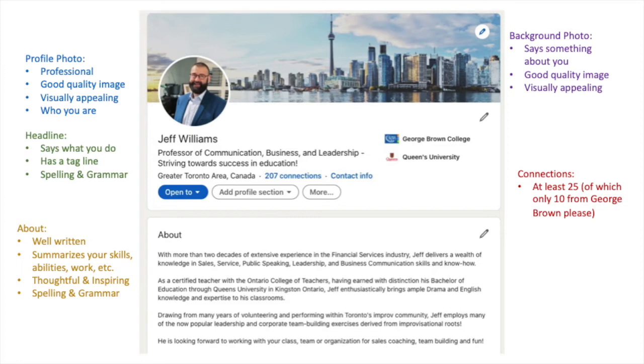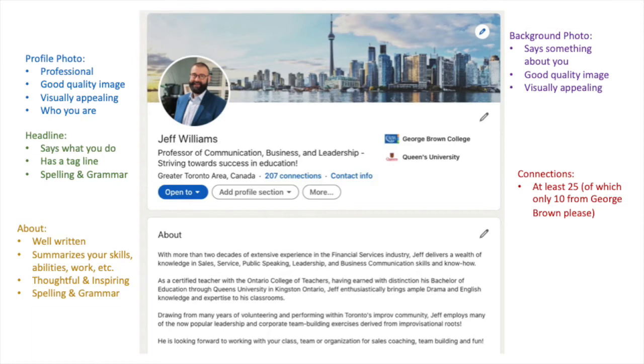Most important is that it's a good quality image. It doesn't need to be a full body shot. It can be shoulders up. It can be just your face. Look at LinkedIn, go through some profiles and see what face shots you prefer and what works for your image. But the one thing is I need to be able to tell who you are.